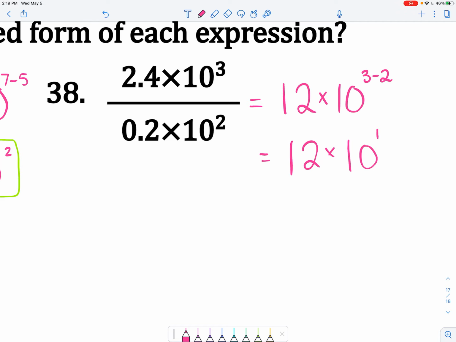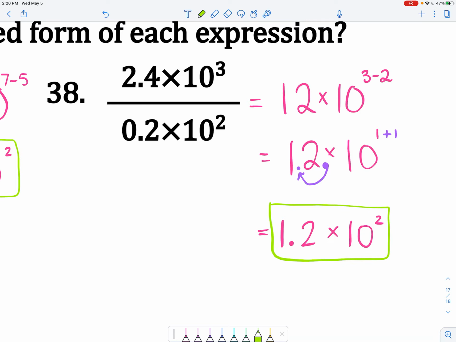And the last thing I need to do is adjust my coefficient. 12 does not sit in between 1 and 10, excluding 10. So I need to take its understood decimal point, which is on the end, move it one value to the left to make that coefficient smaller. And because I made the coefficient smaller, I have to make the exponent bigger. That's going to give me a final answer of 1.2 times 10 to the power 2.